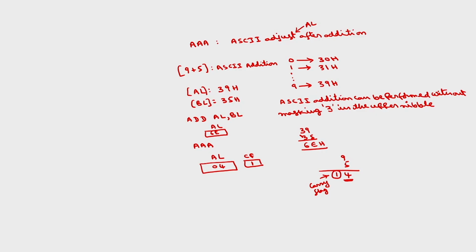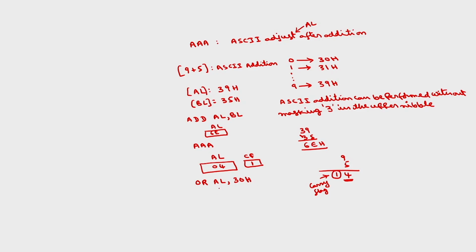To get this 34H, we can do it by ORing; we write something like OR AL, 30H. I am going to discuss this OR instruction in the logical group. This is very simple: the OR instruction logically ORs the contents of AL with 30H and stores the result in AL.